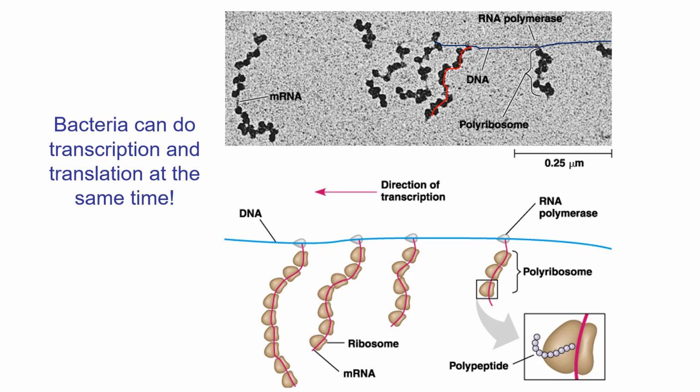And then those circles are ribosomes that are already attached to the messenger RNA, and they're translating it. They're turning it into protein. Because this can happen at the same time, it greatly speeds up the rate at which bacteria can spit out protein and get ready for things like cell division.